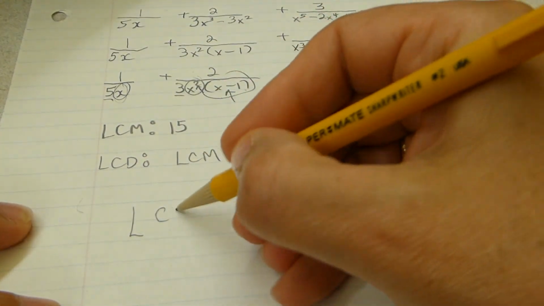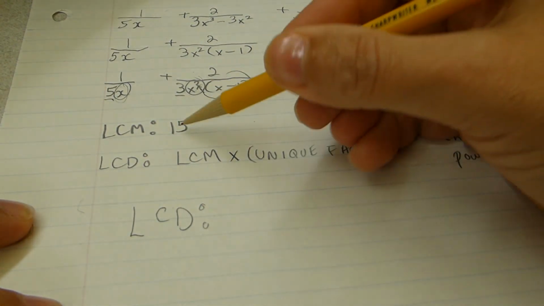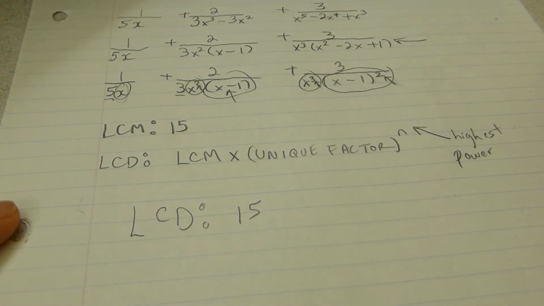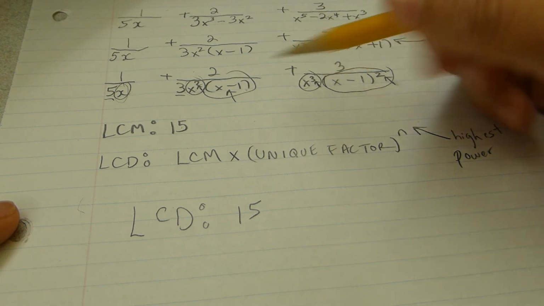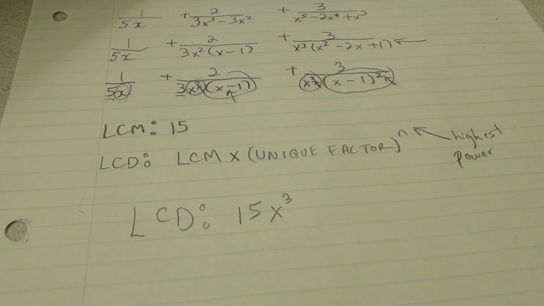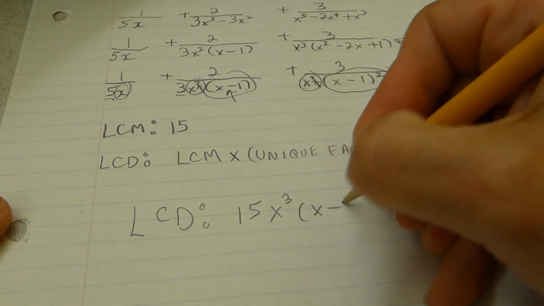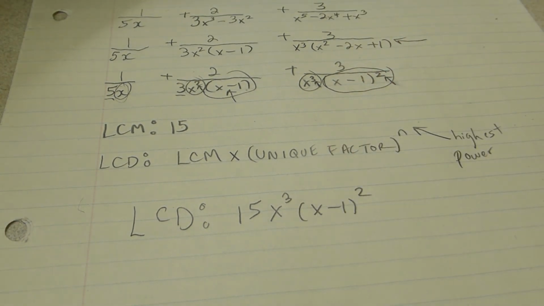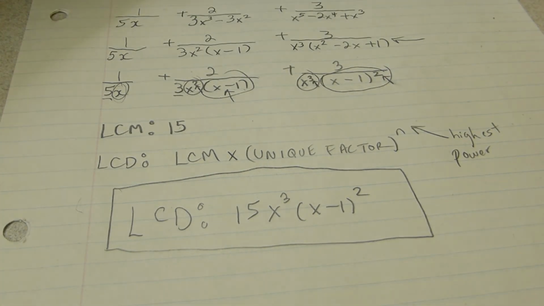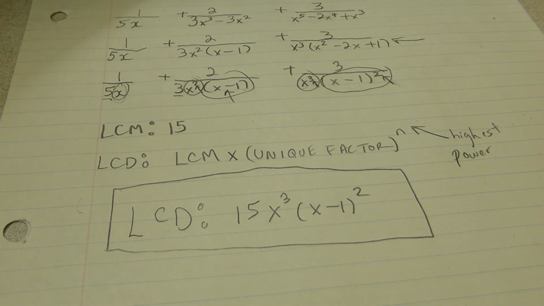So for us, our LCD is going to be 15 multiplied by each unique factor raised to its highest power. So we're going to take the x cubed only, that's x raised to the power of 3. And we're going to take x minus 1 squared. So that's the unique factor of x minus 1 raised to its highest power. So this is the lowest common denominator. And that is the one that we want to use for calculations involving adding and subtracting algebraic fractions.